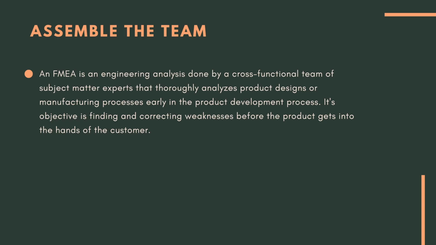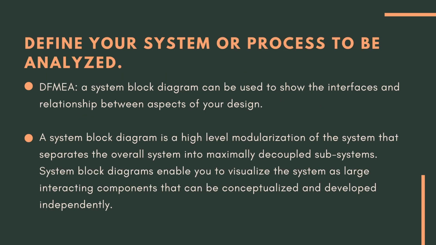Build a team composed of members who are very familiar with the aspects of the business that will be worked on. The FMEA team members are ideally from different functions and can work together with the goal of identifying issues that need to be addressed. Second step, define your system or process to be analyzed.